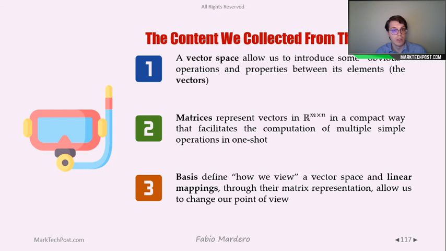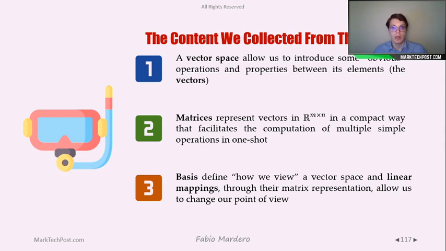So what have we learned in this course number 1 when we talked about linear algebra? Which is the content we collect from the depth of abstraction and want to bring with us in the next videos? Well, there are 3 key points.